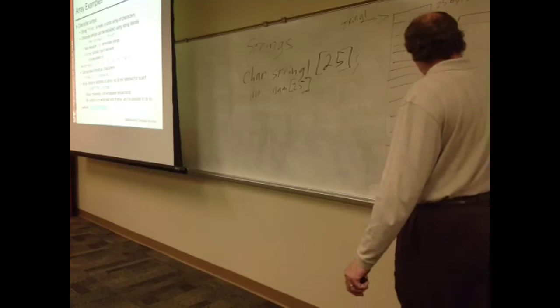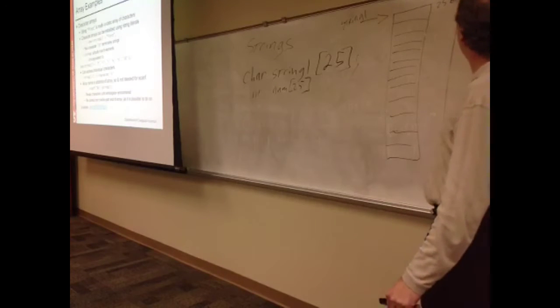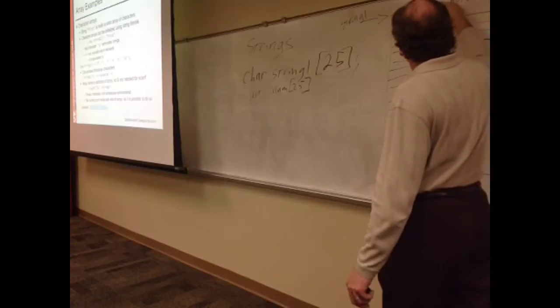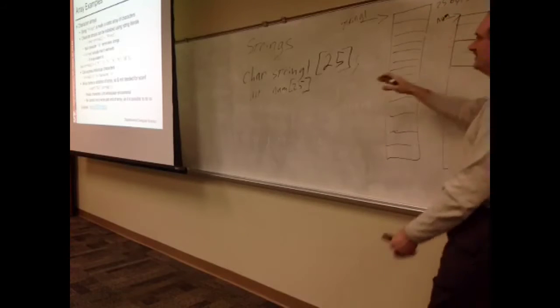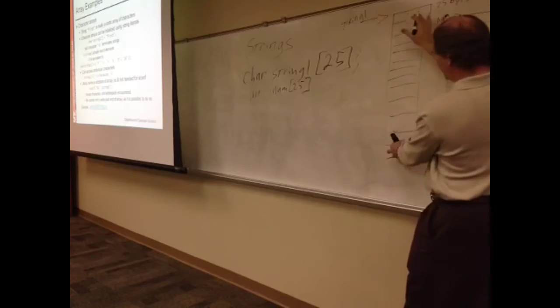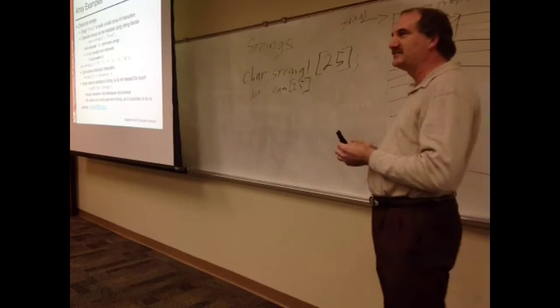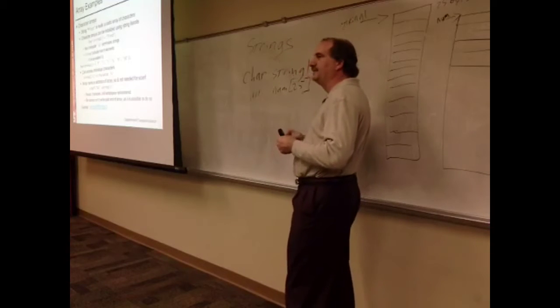So if it sets up 25 of those, it's got 100 bytes of memory it sets up. Characters are smaller, so 25 of those, it doesn't take as much memory. That's something the computer figures out all by itself. You don't have to figure out what those memory locations are.